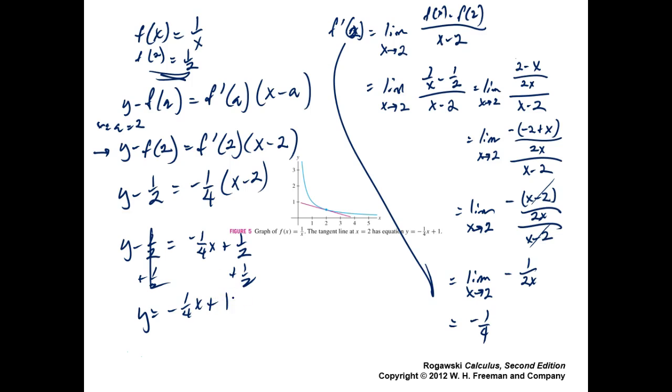Okay? Now, does that look like a line whose y-intercept looks like 1? That looks pretty good to me. And slope is negative 1/4. I think so. So sure enough, there's your graph of the tangent. And there's actually the formula for it. Y is equal to negative 1/4 x plus 1.